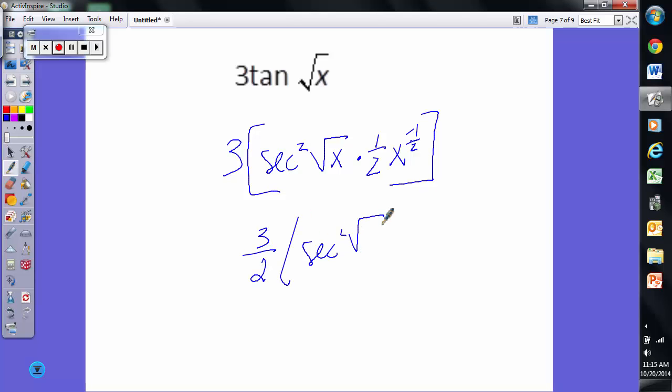Secant squared root x times 1 over root x. Now I pray that you don't want to cancel these because this is not secant squared times the square root of x. It's secant squared of the square root of x. So these are not the same thing. You can't cross them out. That's your final answer. Two more.